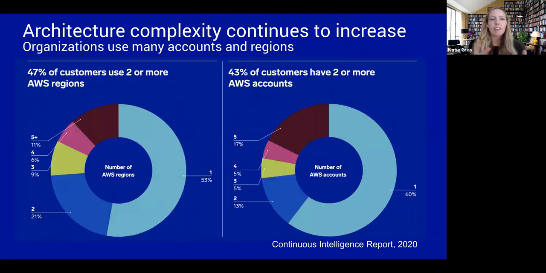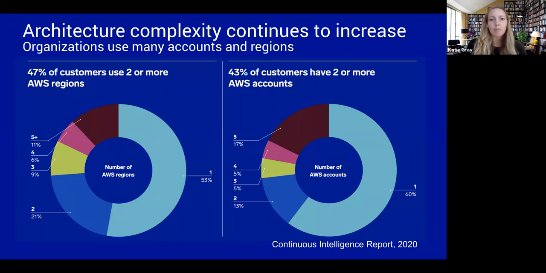And then looking even a little bit deeper, one of the things we see throughout these customers is that the architecture complexity continues to increase. So of course, as the number of services grows, we also see the number of regions that the services operate under growing. 47% of customers use 2 or more AWS regions.